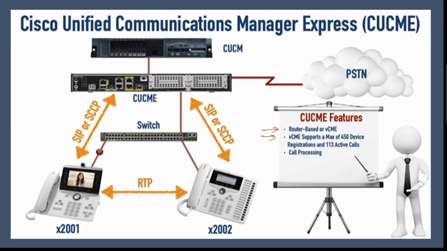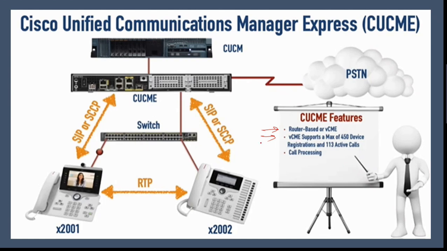Virtual CME supports a maximum of 450 devices. That again depends on the series of the routers. Not all routers will support 450 devices, but maximum up to 450. This is the capability of CUCME.